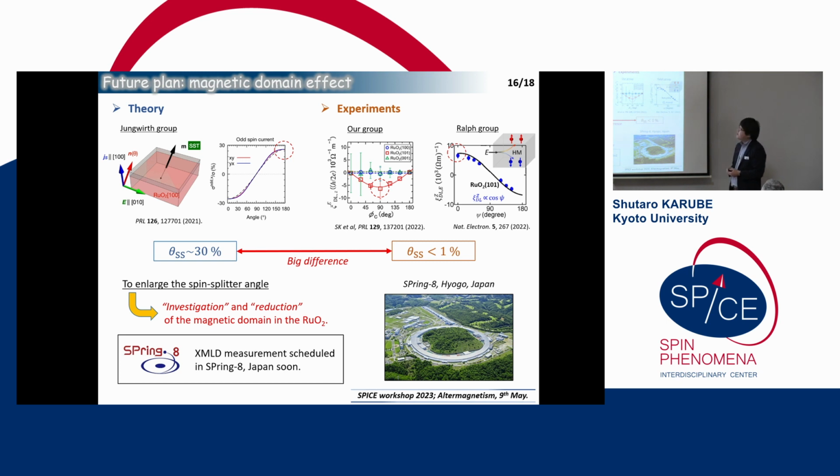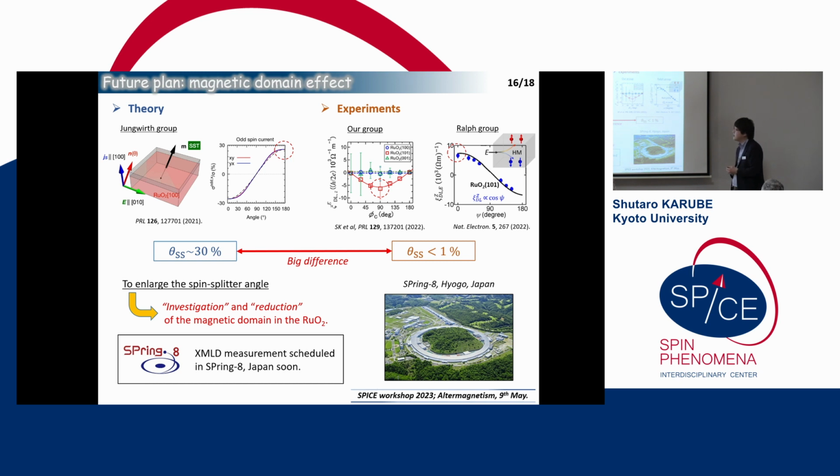As for the future plan, we will focus on the magnetic domain in the ruthenium oxide. According to theory, the theoreticians predicted the spin splitter angle should be much larger, over 30%, as the doctor reported today. On the other hand, as for the experiments, our group and the Ralph group both reported a very small spin splitter angle below 1%.